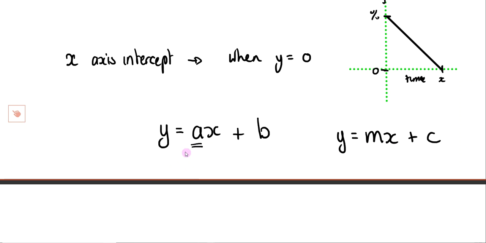How much x? So tell me what it is in words we've already been using. A is the constant, the rate of change, which on the graph would also be known as the gradient. And what's B?